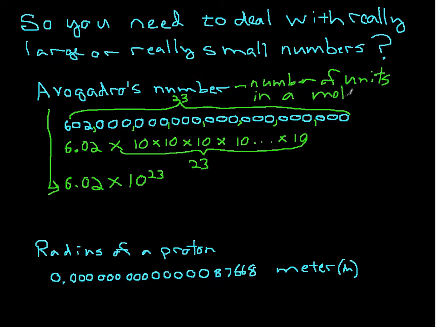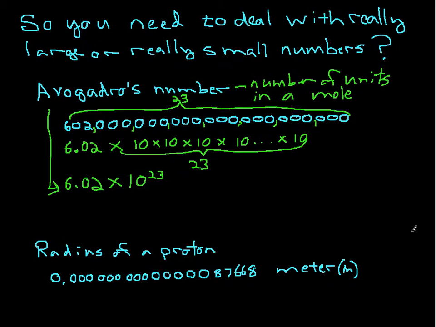A mole is a counting unit. It's like saying there are 12 eggs in a dozen, 12 donuts in a dozen. Well, there are 6.02 times 10 to the 23rd atoms in a mole. So that helps us with a really, really large number.